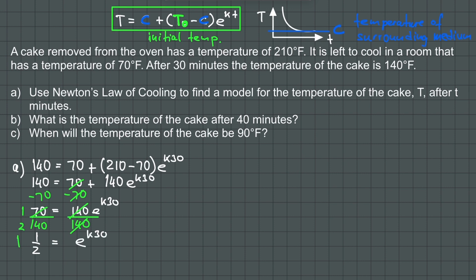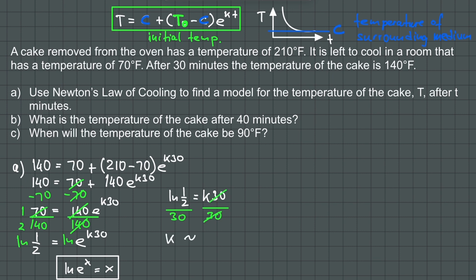And after taking the natural logarithm on both sides and using the inverse property on the right side, we get ln of 1/2 equals k times 30. And after dividing both sides by 30, we get approximately the negative of 0.0231.